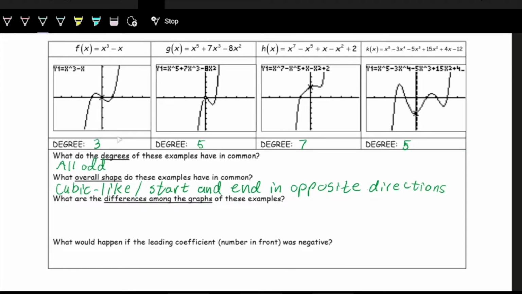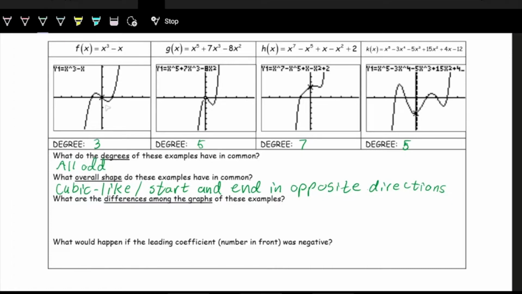So hopefully you went through and at least brainstormed or created a list of some ideas for the differences in each of these graphs, or each of the functions. And we can say some of the same differences that we said earlier. All these graphs have varying minimums and maximums.